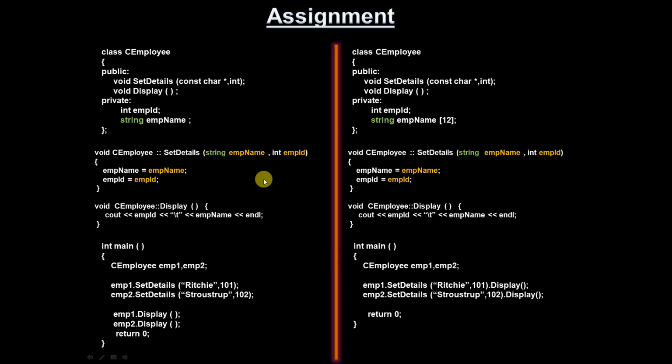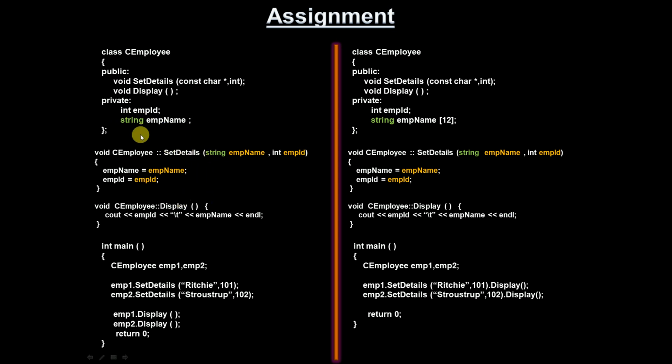The clue was that you have to use the this pointer. And if you see here, I have used a new data type, that is string. String is a class. If you want to work with string related operations, you have to include the string file, #include <string>, and you can use string for all character array related operations.